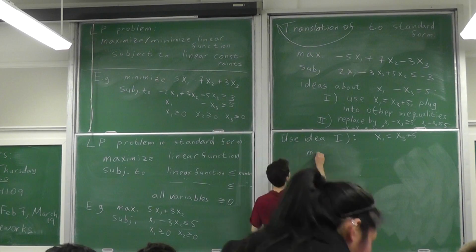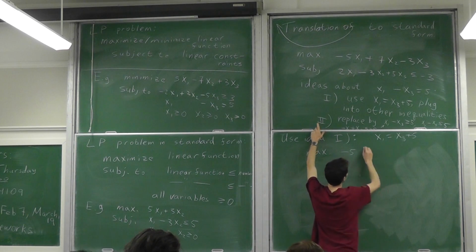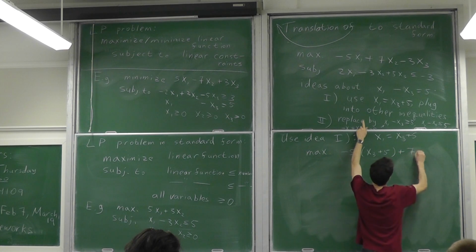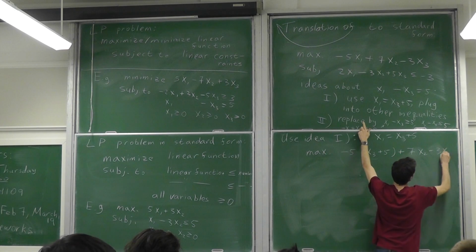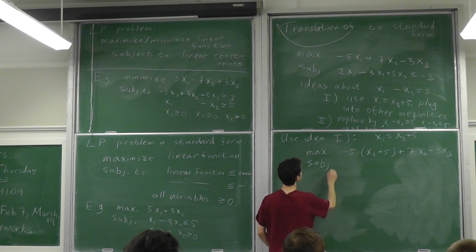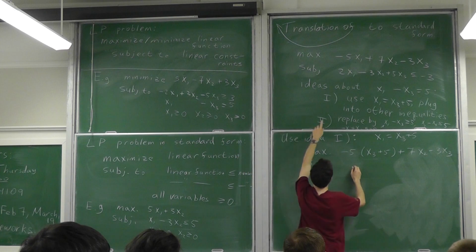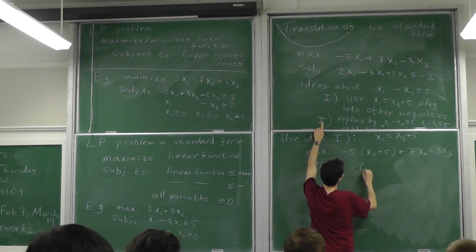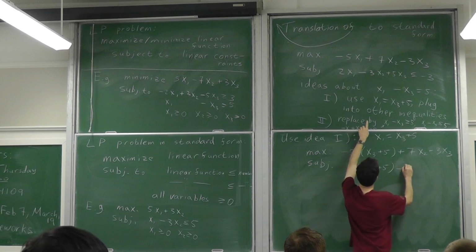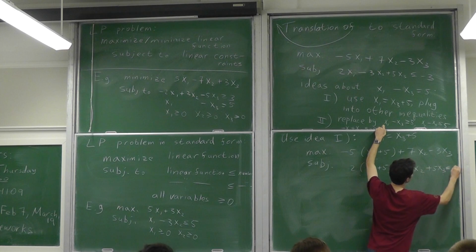I want to maximize minus 5 times, instead of x1 I write x3 plus 5, plus 7x2 minus 3x3, subject to the constraints. 2 times x3 plus 5 instead of x1, minus 3x2 plus 5x3 smaller or equal to negative 3.